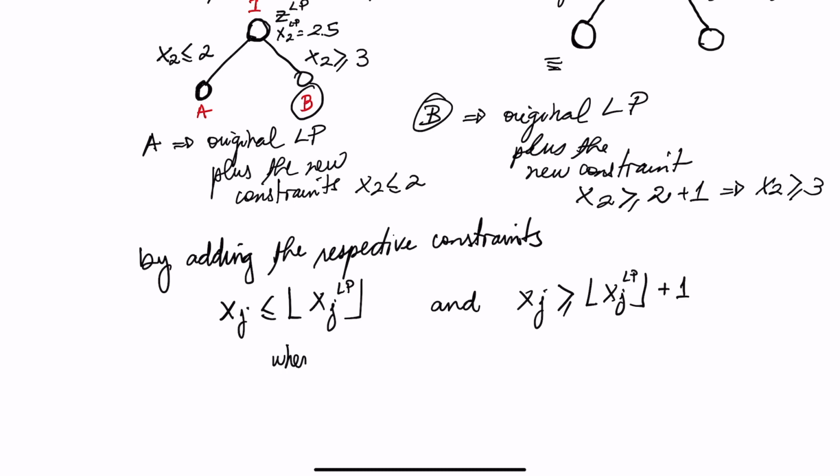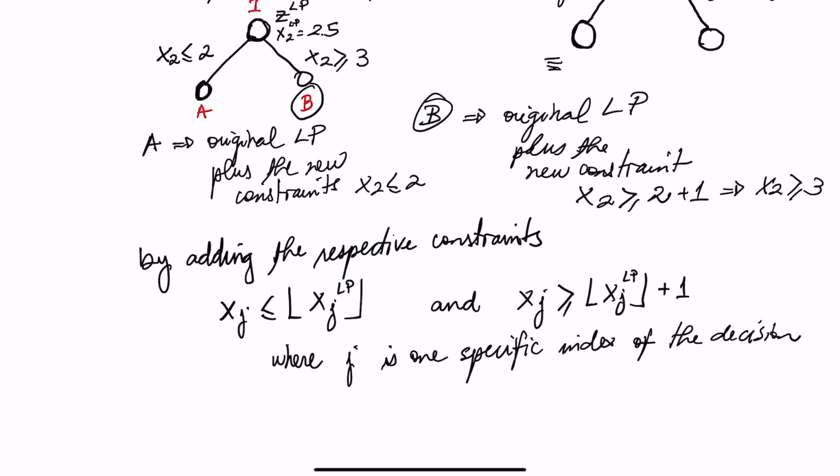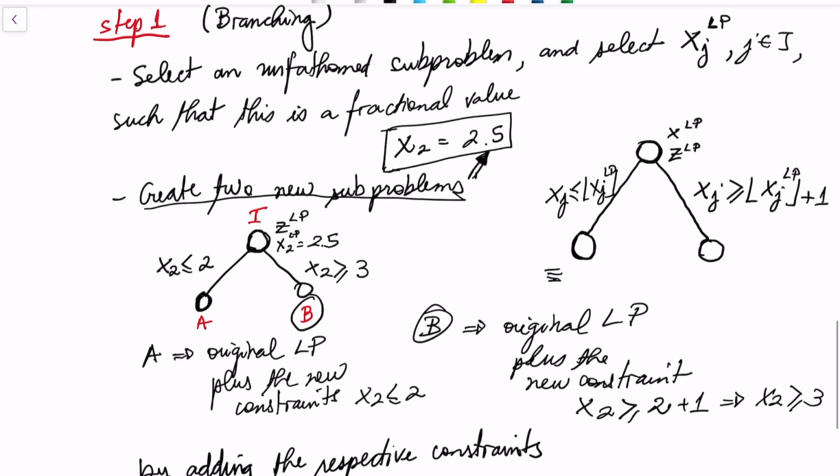Where here j is one specific index of the decision vector that we decide to branch on. Okay? With that, we conclude the first step that was called the branching step, right?